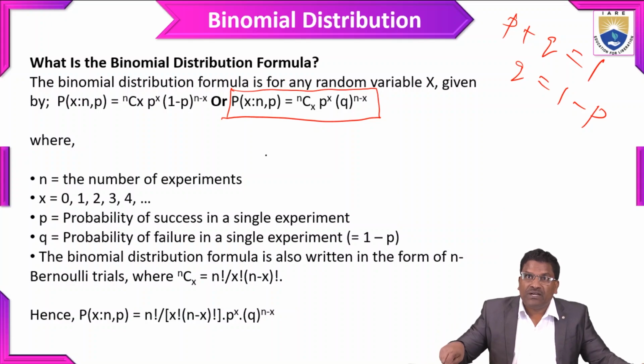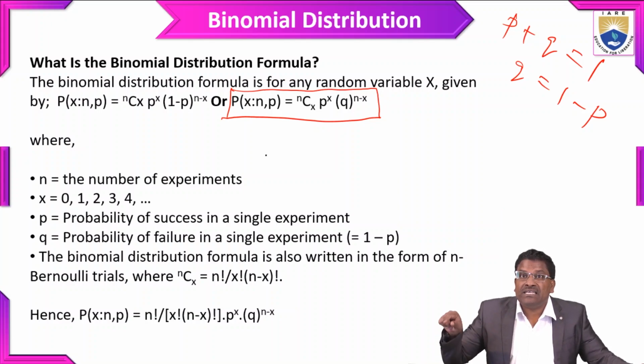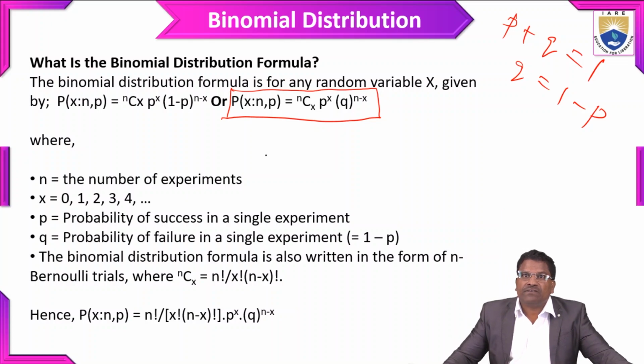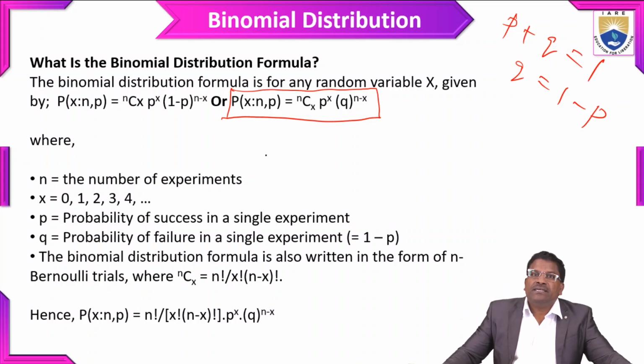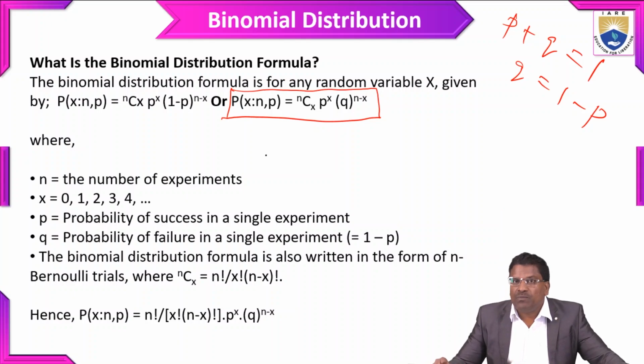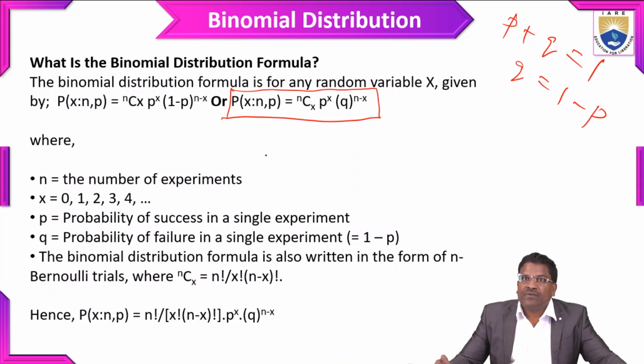If that formula is taken for n is equal to 1, then our combination formula comes, nCx is equal to n factorial by x factorial into n minus x factorial. So this combination formula came from the fundamental binomial distribution formula. It is a special case of the binomial distribution formula.